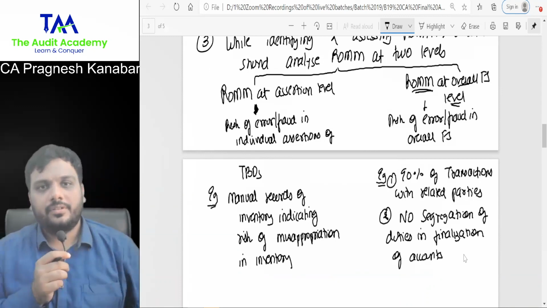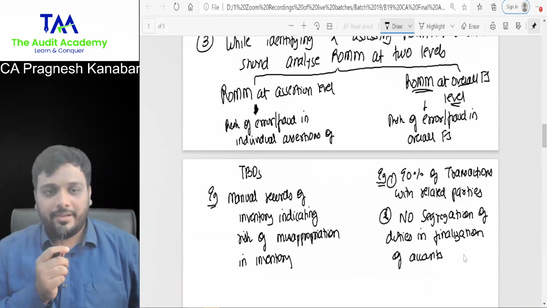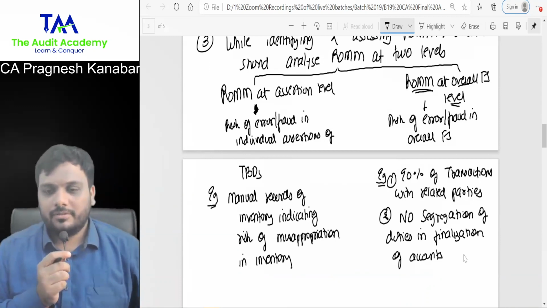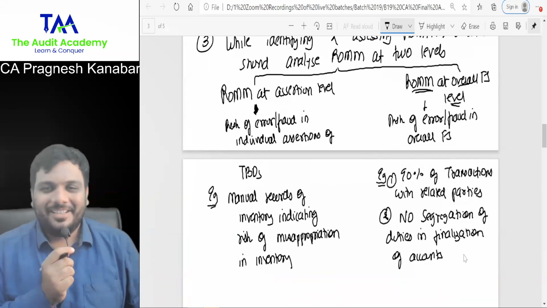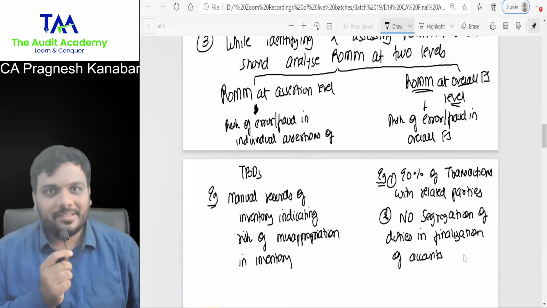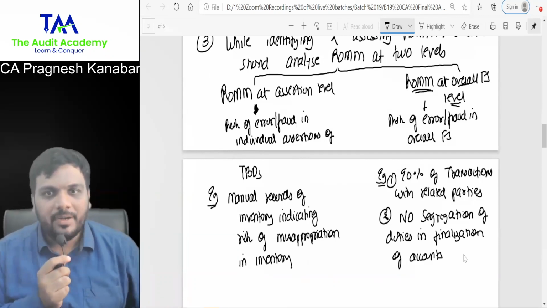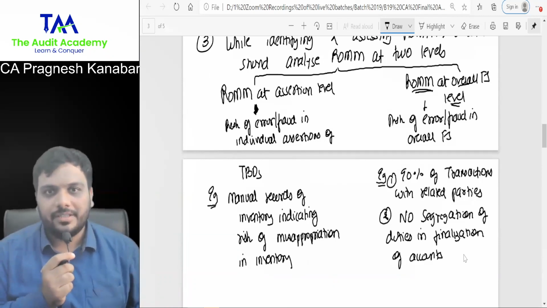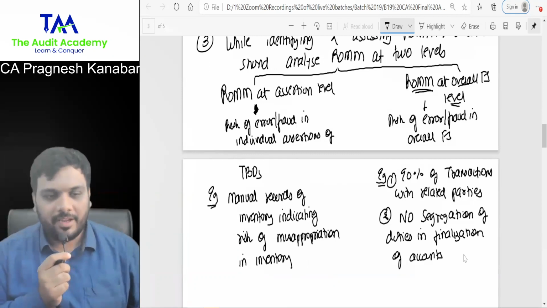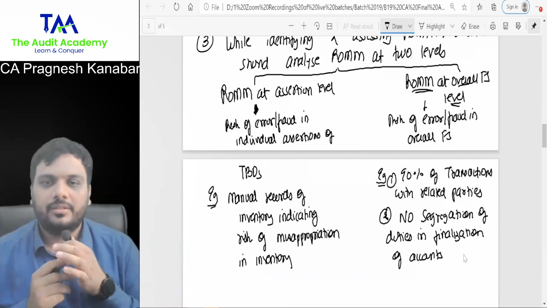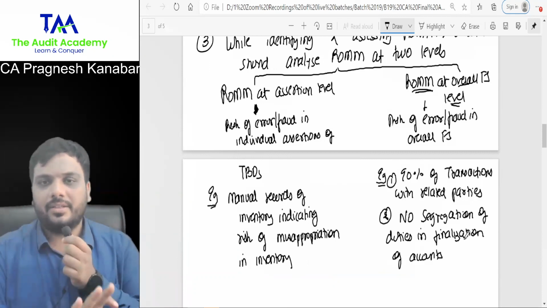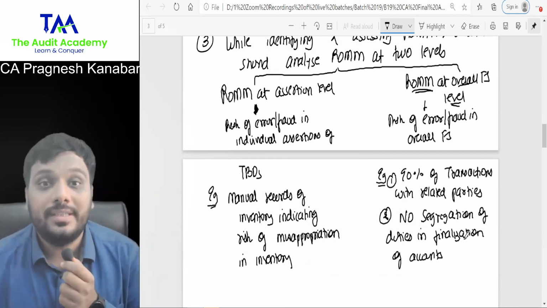Third example, the entity has applied for investments in Shark Tank India. Whenever an entity is looking for investments, they will go for rampant overvaluation across the overall financial statement. Correct? And they're applying for listing and this and that. Okay. So for risk of material misstatement at assertion level and overall FS level, you need to do this analysis.